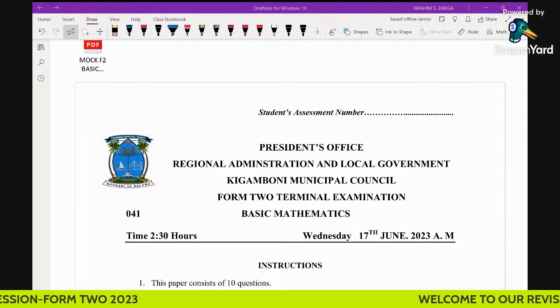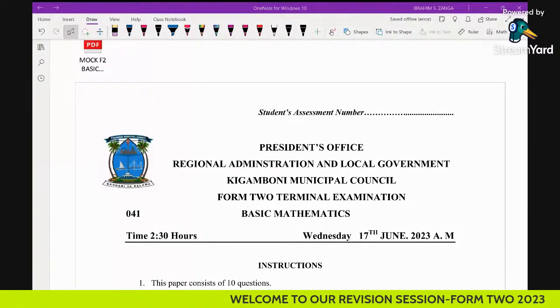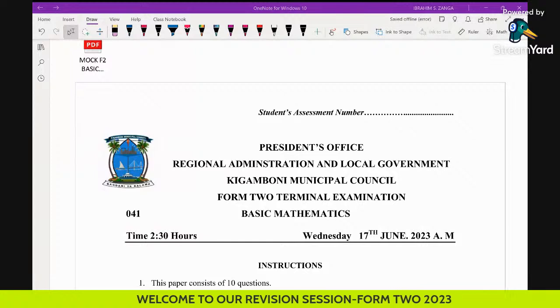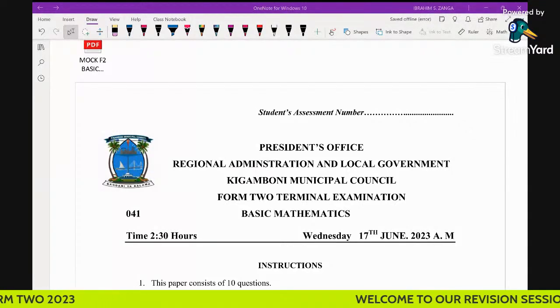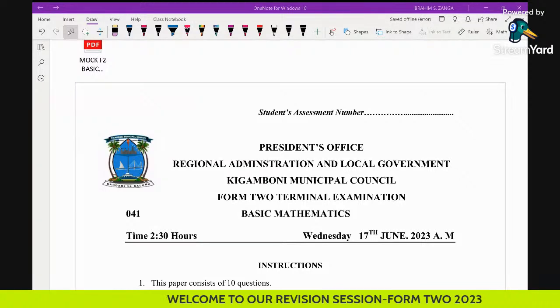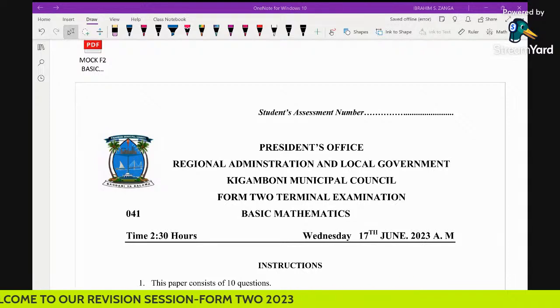The topics covered here are part of the current format tested in Form 2 national exams. Before we begin, let me remind you that practice is the key to success in mathematics. I'm not expecting you to be watching only the solutions we are solving here.